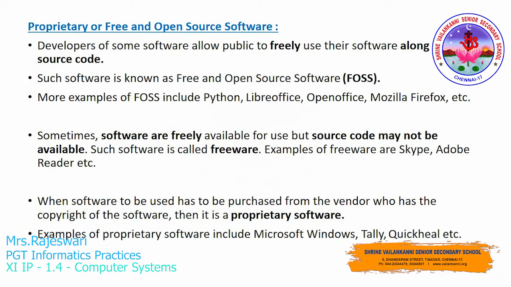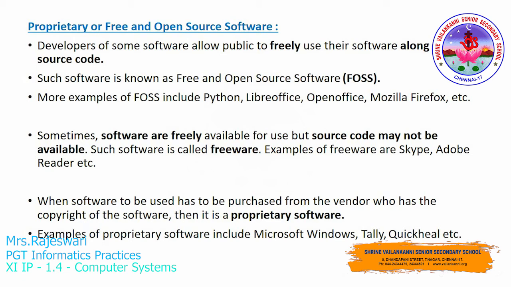First, let us discuss FOSS, that is free and open source software. If you try to download any software from the internet, you will be able to download it for free, and even the code will be available for free. Have you ever noticed? For example, the Python software you can download for free. It is open source software, so even the code is available for free.